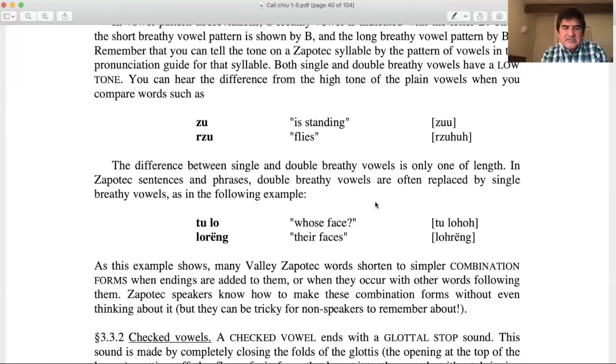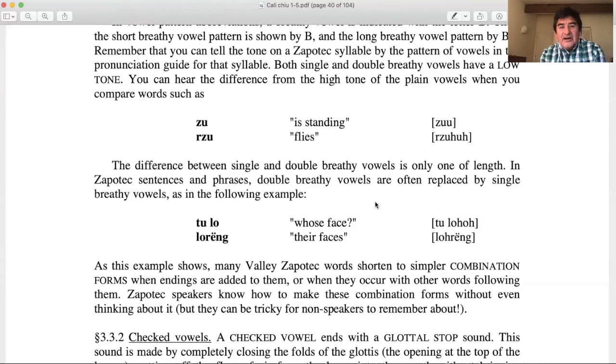And as I said in this section, there are 4 types of vowels in Valley Zapotec. Just to remind you, there are the plain and modal vowels, which you'll see on the pronunciation guide in the brackets, represented with a P. So it's the plain vowels, just a P. And then we find the breathy vowels, and then we are going to look at the check vowels, and lastly, we're going to be looking at the creaky vowels.